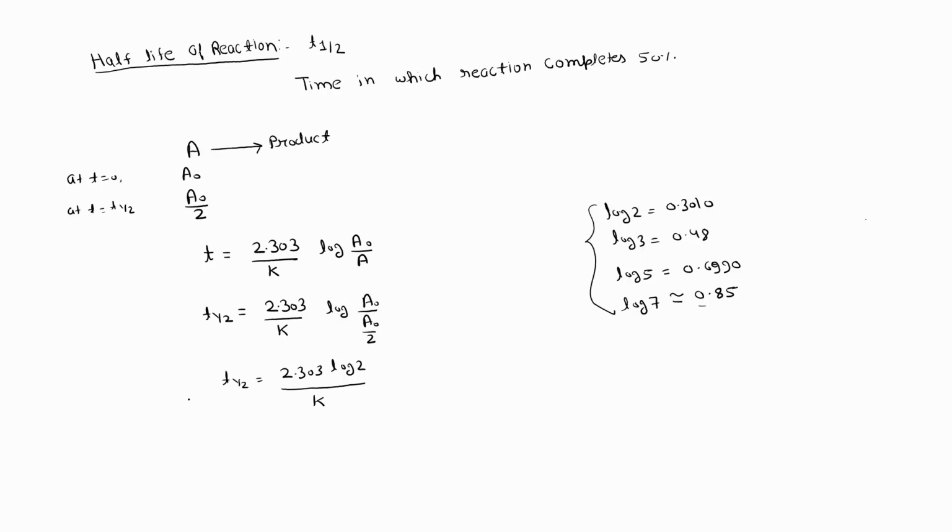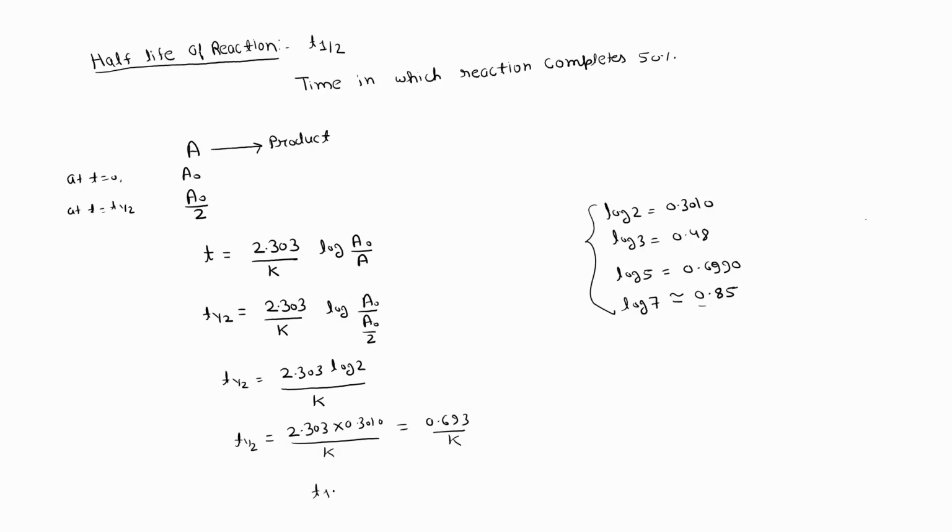So T half is 2.303 log 2 by k. If we write 2.303 multiplied by 0.3010 by k, it comes out to be 0.693 by k.